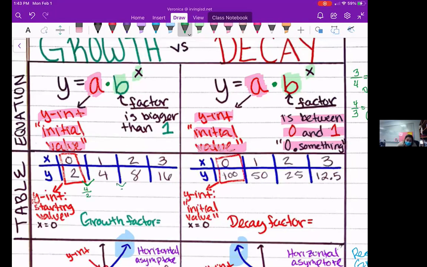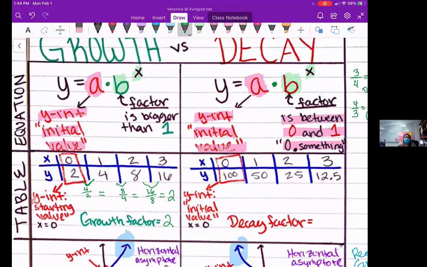Then we have 8 divided by 4. And then here we have 16 divided by 8. So 4 over 2 is the same as 8 over 4, which is equal to 16 over 8, which all of these are directly proportional, which is 2. 4 divided by 2 is 2. 8 divided by 4 is 2. 16 divided by 8 is 2. So your growth factor is 2.